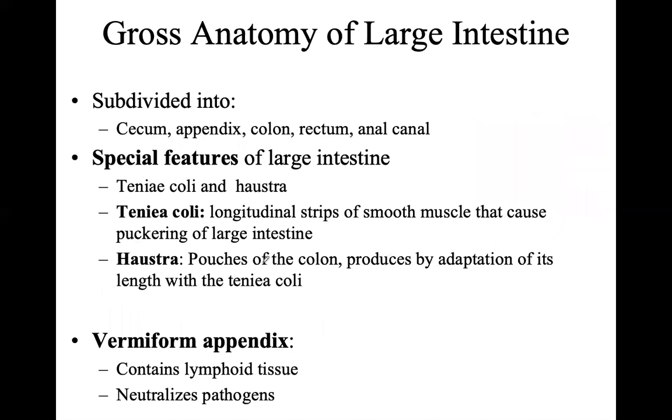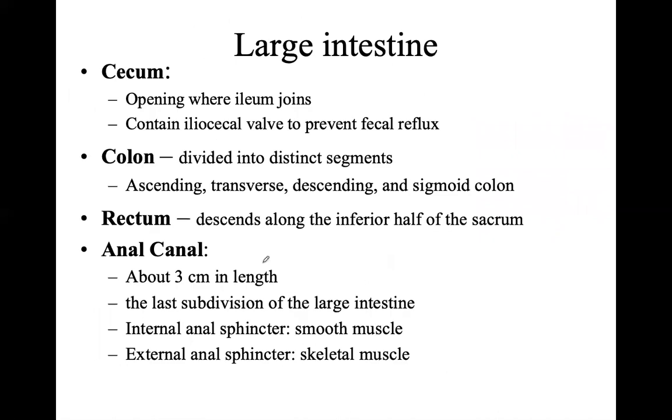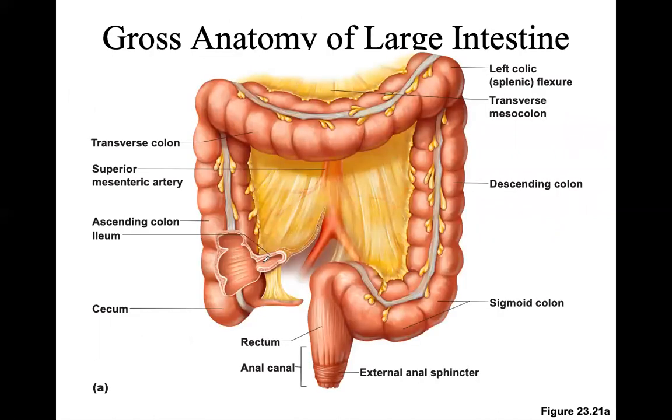Some of the features of the large intestine, as you can see in the picture, include this pouch-like thing right here. These are referred to as the haustra. These pouches are created by this strip of smooth muscle you can see going through, this white strip, called the taenia coli.